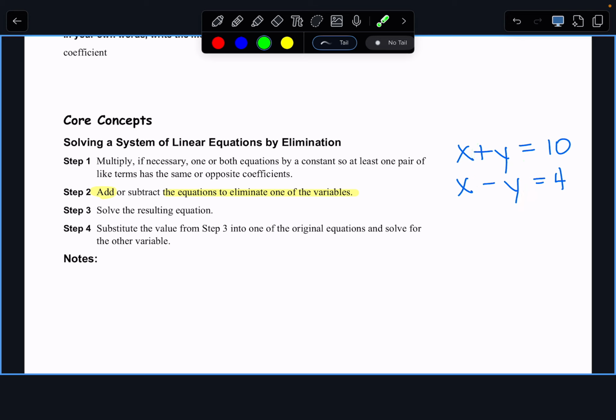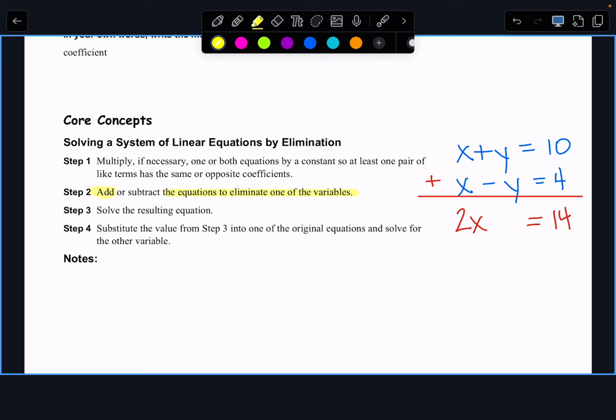When this happens, watch this, we can add our two equations together. What is x plus x? What is y minus y? They cancel. And what is 10 plus 4?